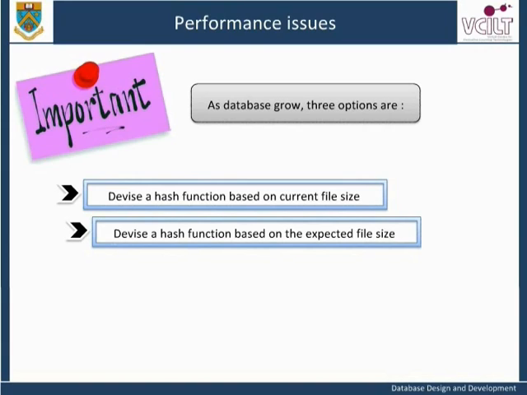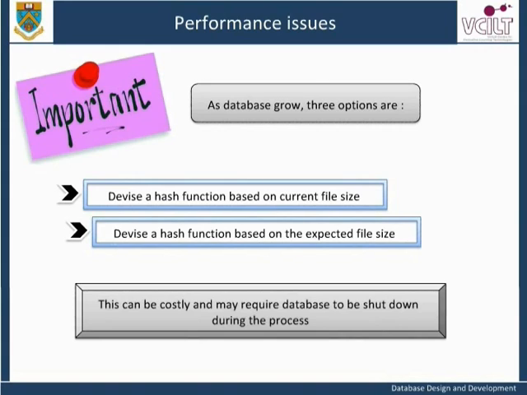This may mean the creation of too many buckets initially and some space wastage. Periodically reorganize the hash structure as the file grows. It requires devising new hash functions, recomputing all addresses, and generating new bucket assignments. This can be costly and may require the database to be shut down during the process.